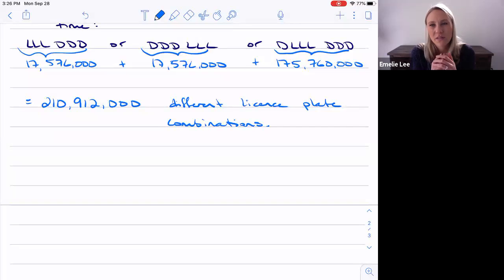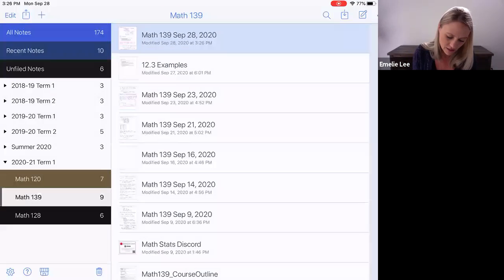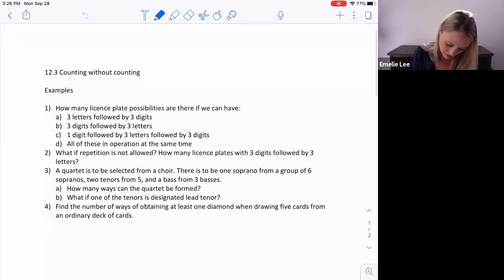Right? But that's not what we mean when we say combinations. So you have to be careful. Context helps. Okay. Any questions about that one? I haven't seen any. I'll go grab the next example.